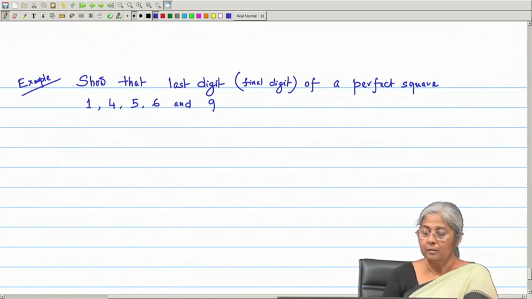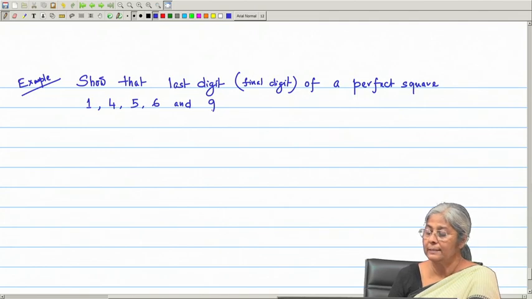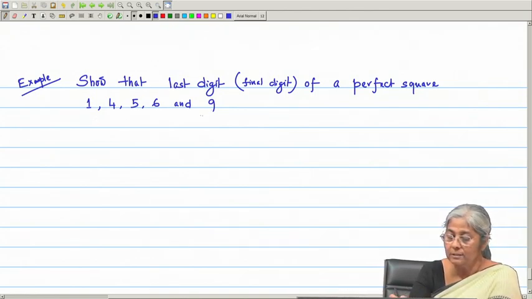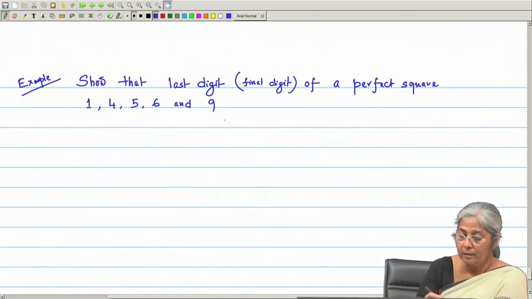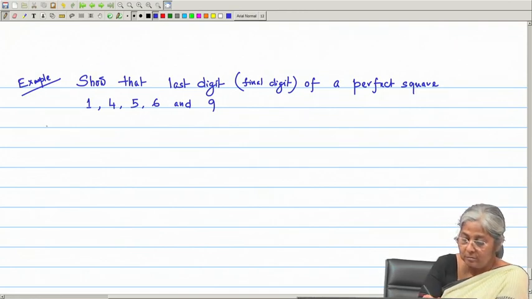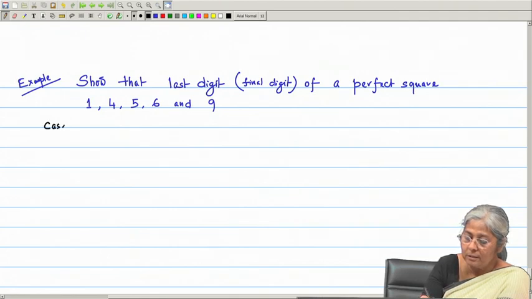So, we have to show that the last digit of a perfect square is only confined to these decimal numbers 1, 4, 5, 6 and 9. Now, if we take it by cases, I can think in this way. The solution: this is case 1.